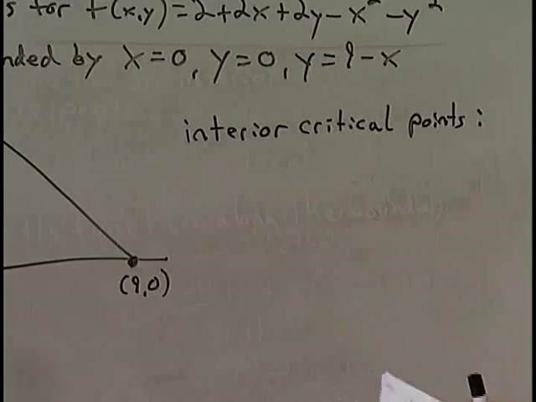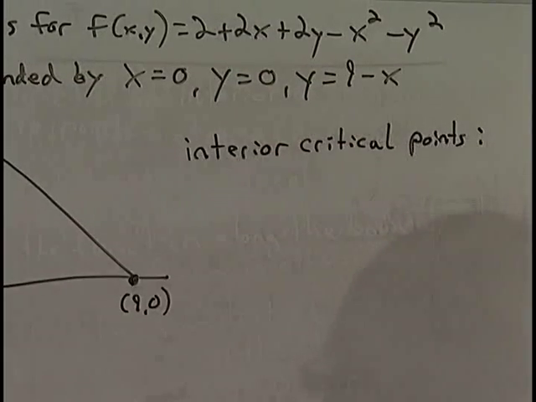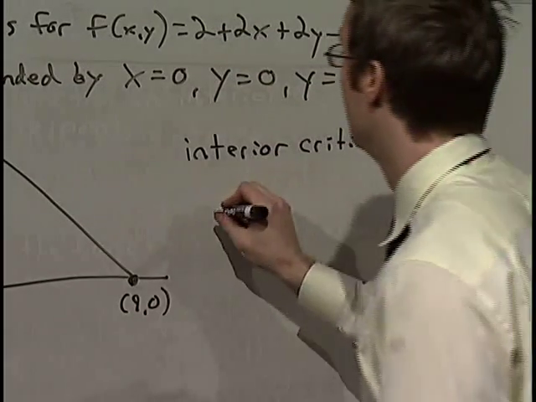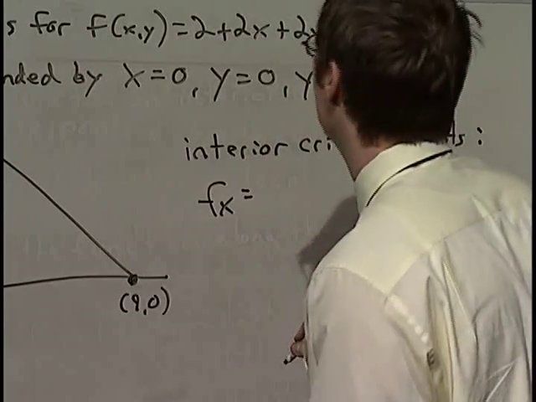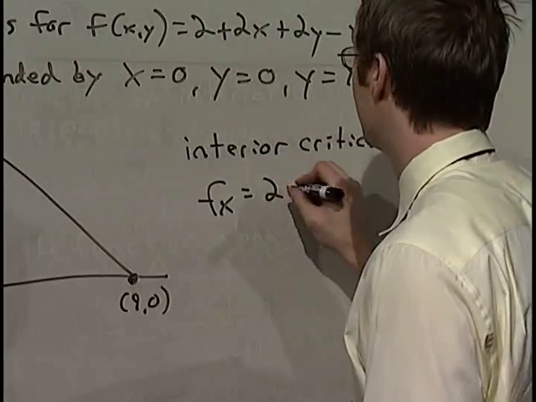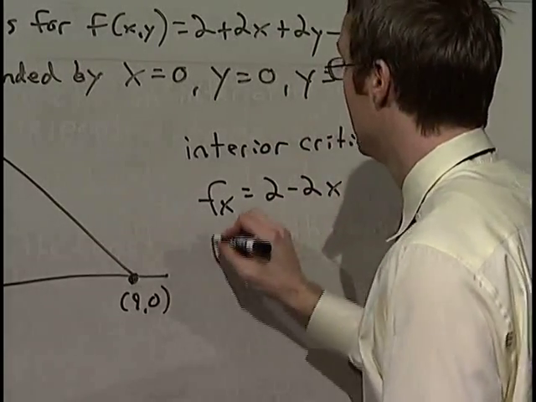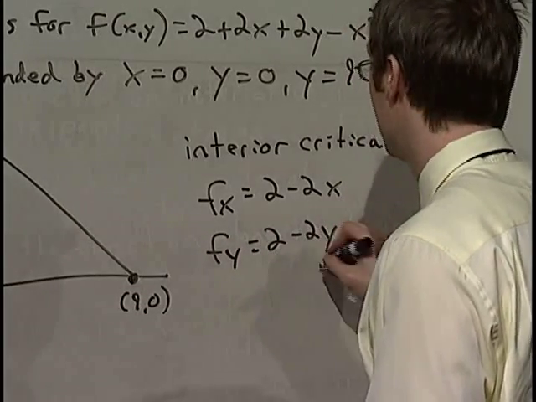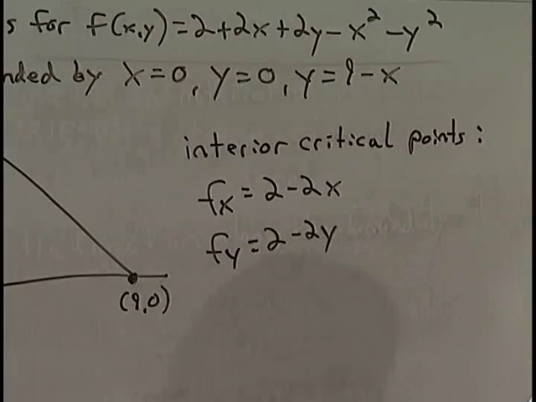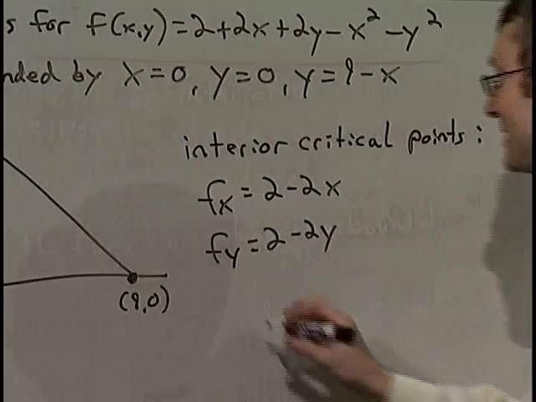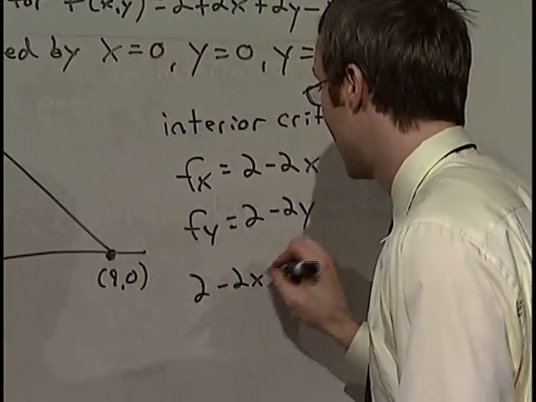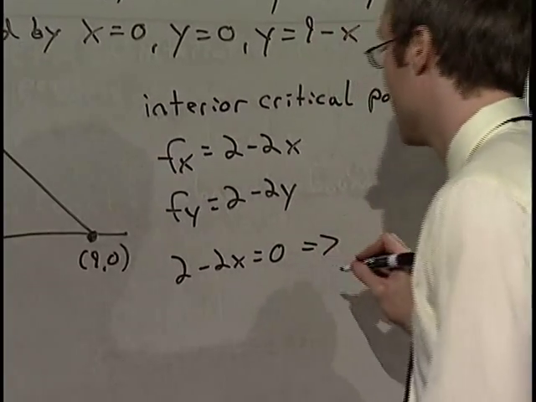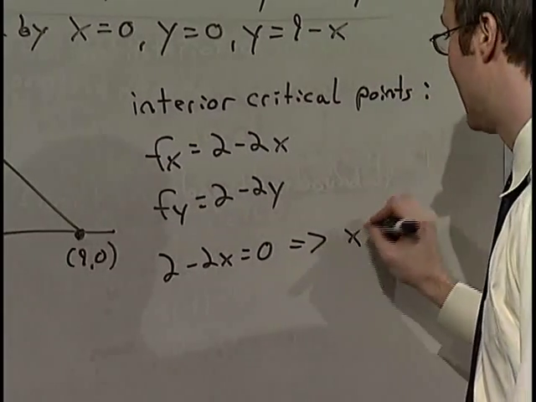Well, that just means looking at partials and finding them equal to 0. So, first order partial with respect to x is 2 minus 2x. With respect to y, it is also 2 minus 2y. Those need to be simultaneously 0, so 2 minus 2x equals 0 implies that x is equal to 1.